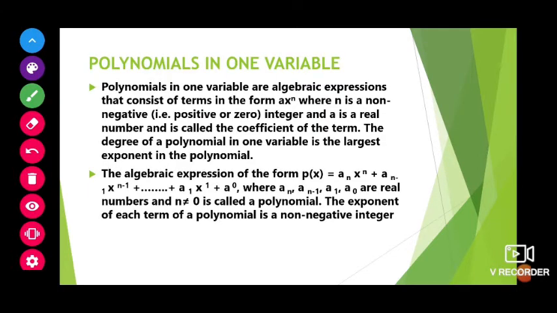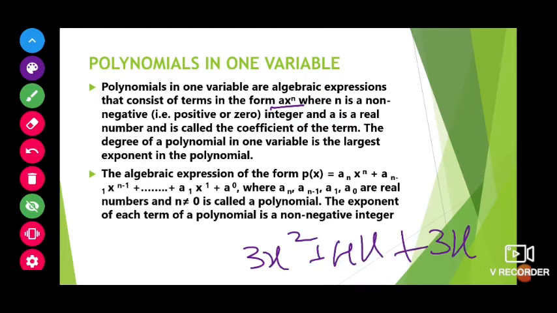Now we will see polynomial in one variable. A polynomial with one variable means where we can see a single variable. It will be in the form of a x to the power n, with terms like 3x square or 4x or 3x to the power 5.